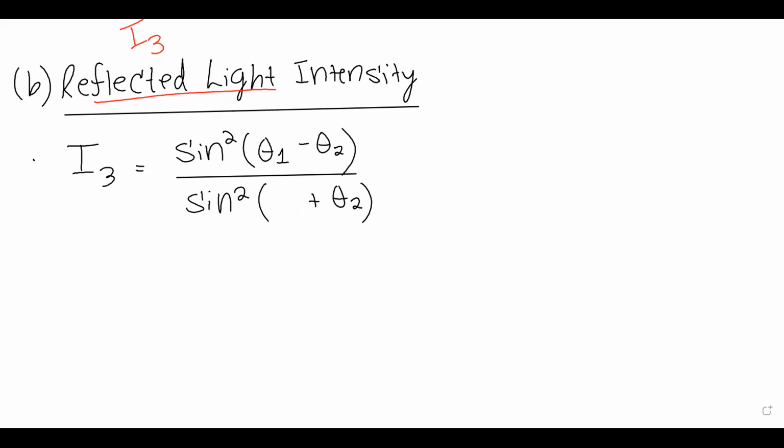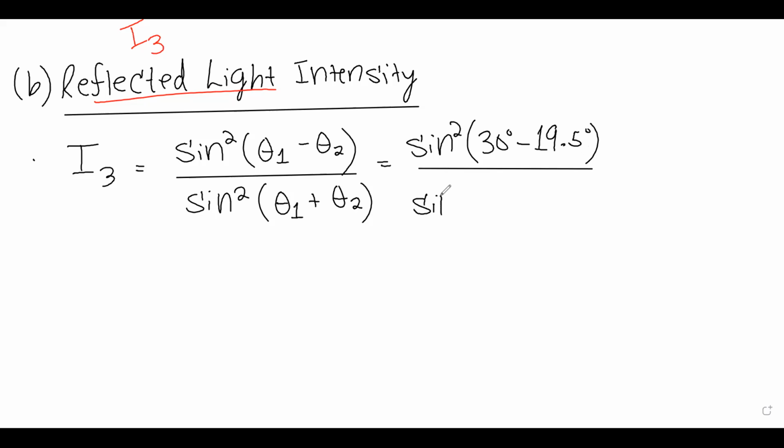That's a theta 1. So this is sine squared 30 degrees minus theta 2, which was 19.5, all over sine squared 30 plus 19.5.